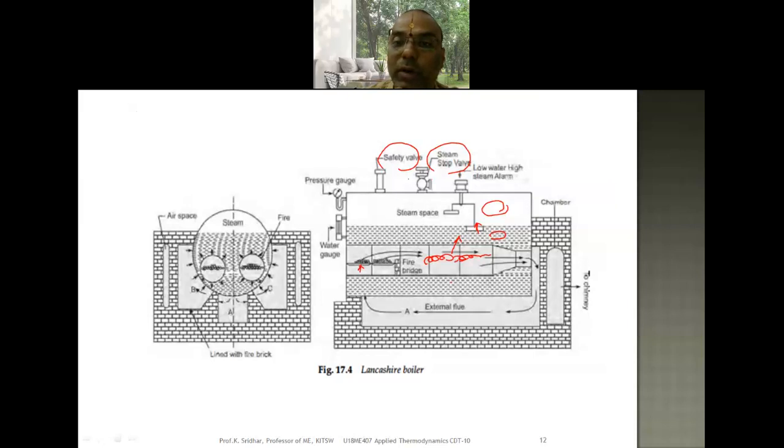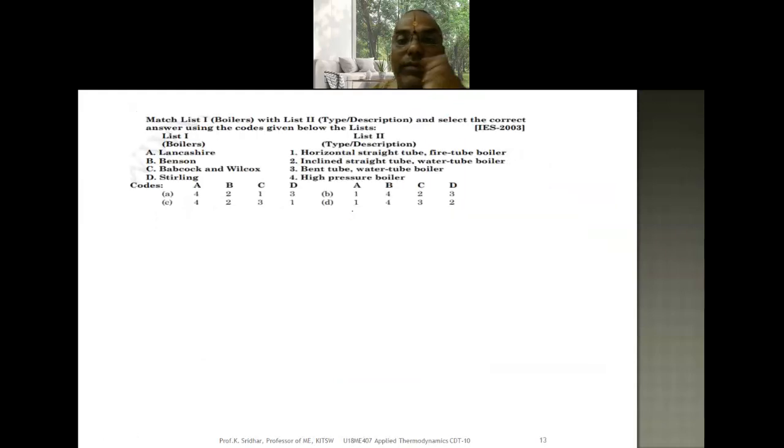For safety purposes there are the boiler mountings, and similarly to improve performance, the accessories are incorporated over and above the boiler. Similarly here we fitted the pressure gauge, to show how much pressure we are able to generate, and the water gauge to show whether the water is sufficiently available in the water space. So like this the Lancashire boiler works.